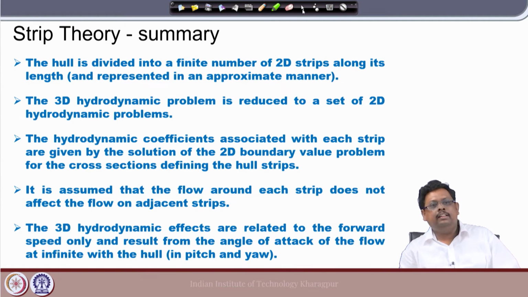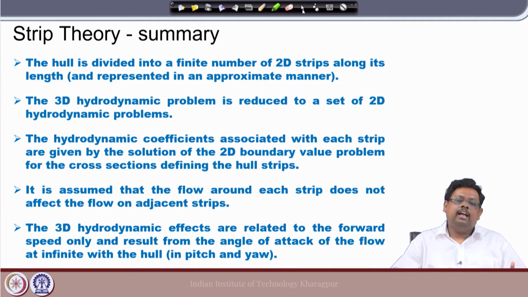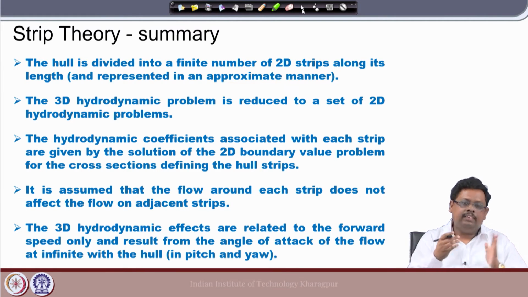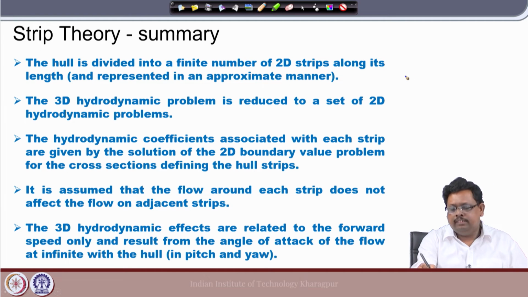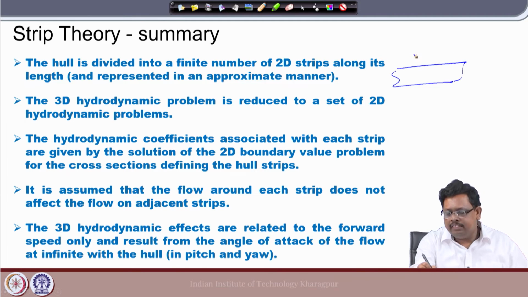Now, the last point says that the 3-dimensional hydrodynamic effects are related to the forward speed only, and the result is coming because of the angle of attack. So, it means that this forward speed effect, the 3-dimensional effect, is associated with the forward speed and the angle of attack.